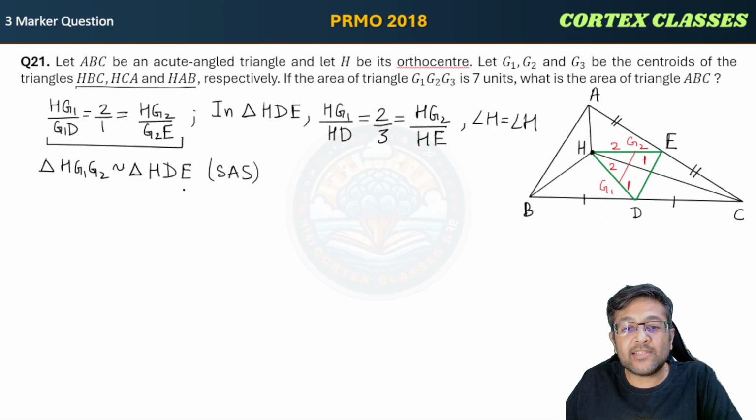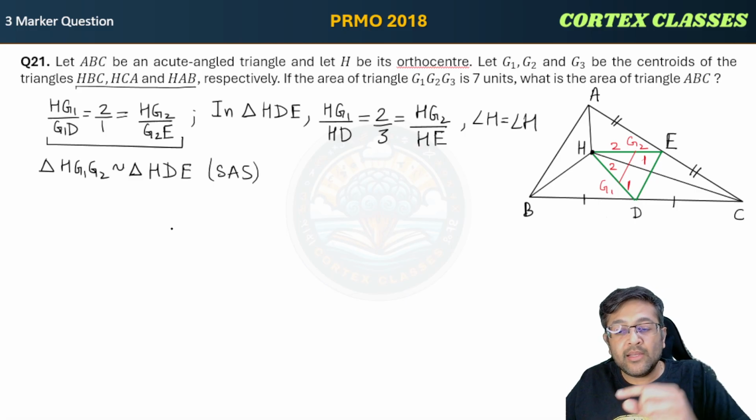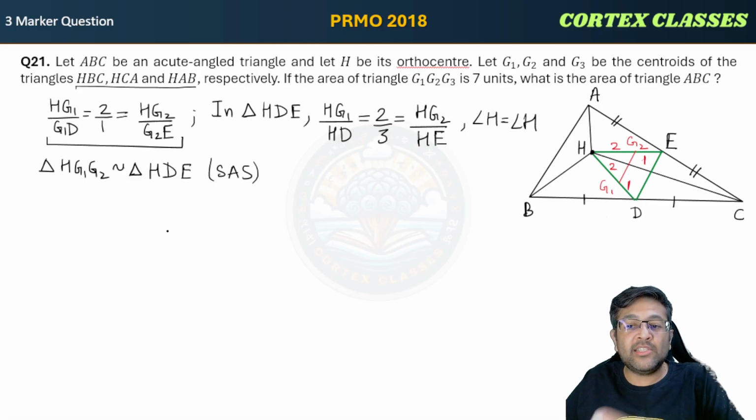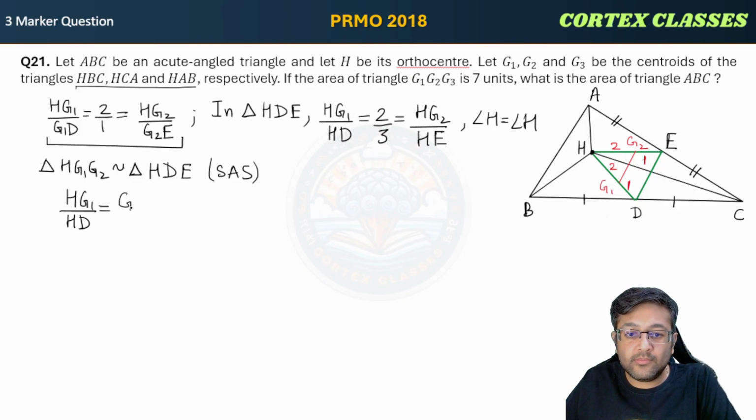So since the two triangles are similar, guys, the same ratio we were taking for HG1 is to HD applies to G1G2 and DE as well, right? So I can say, the ratio of what, HG1 upon HD is equal to G1G2 over DE.